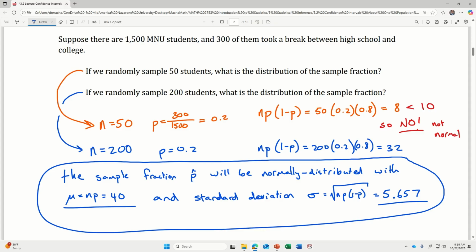And then the third part is the standard deviation, because the distribution depends on the mean and the standard deviation, and then what's the shape of the distribution. It's kind of like normally distributed is telling me the shape of the distribution. The mean is telling me the location. Where is that distribution located on the number line? And then the standard deviation is telling me about how wide or how tall the distribution is. So I need those two parameters plus the fact that it's normally distributed.